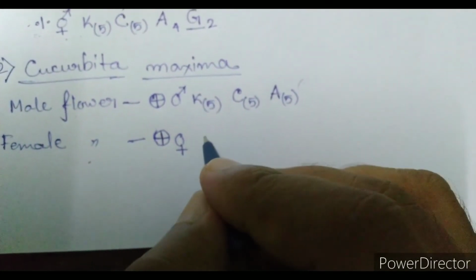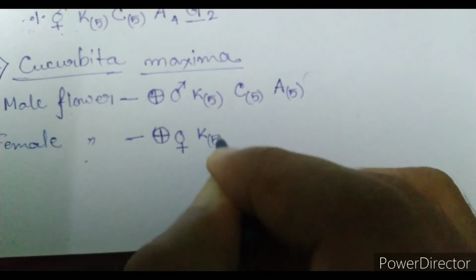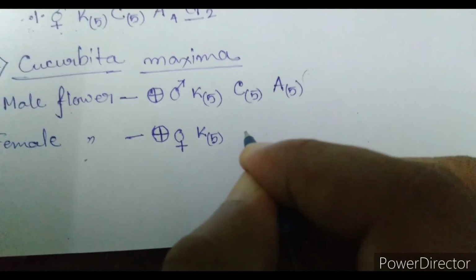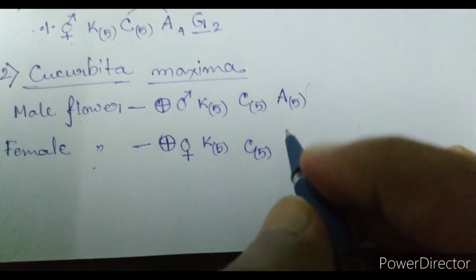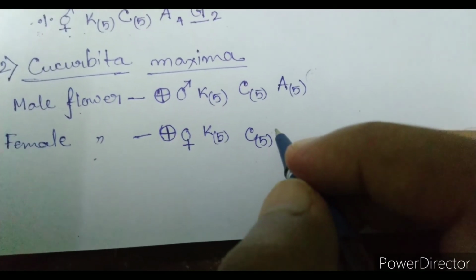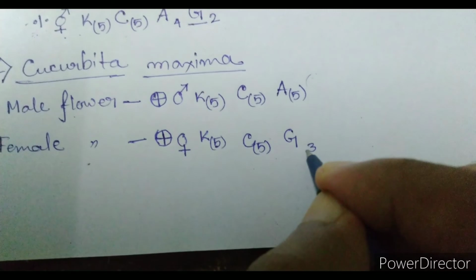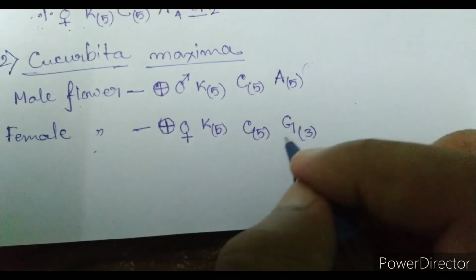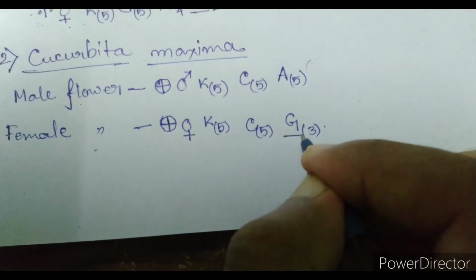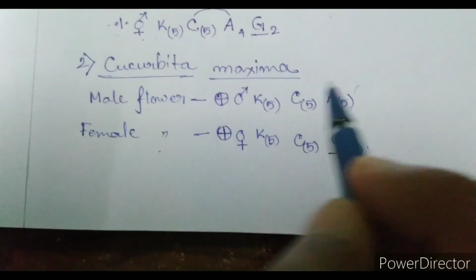Next we discuss calyx. Calyx is 5, present in both male and female flowers. Corolla is 5, present in all flowers. And the next thing is gynoecium. Gynoecium is basically 3, and the gynoecium is superior. So this is the floral formula of Cucurbita maxima.